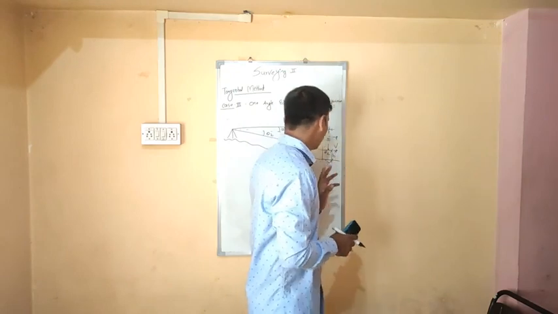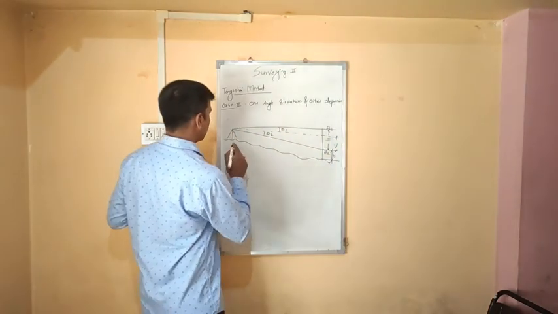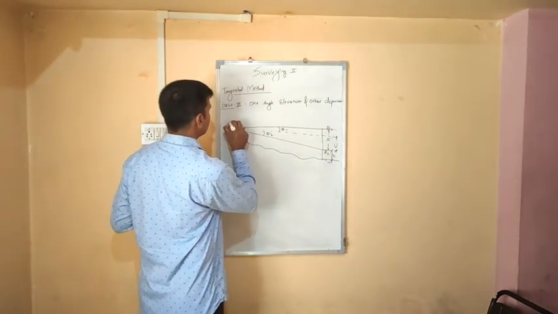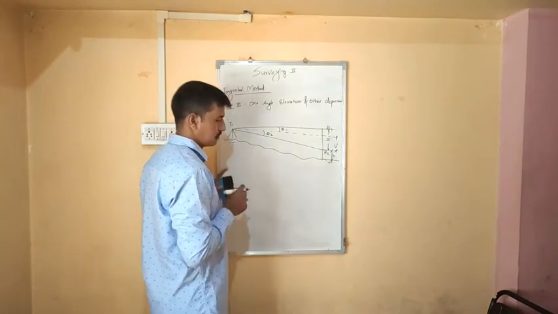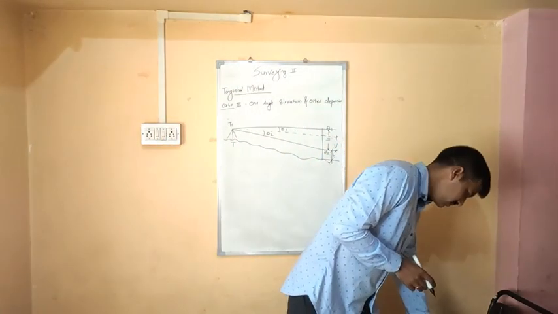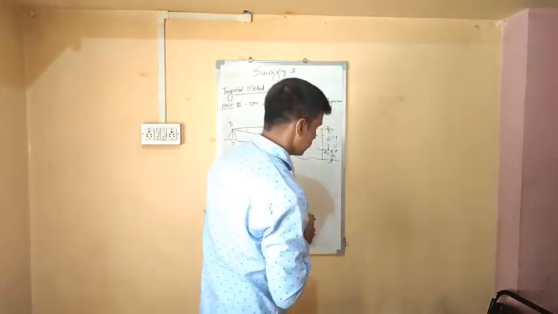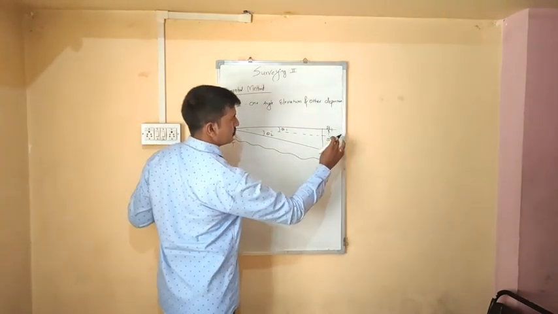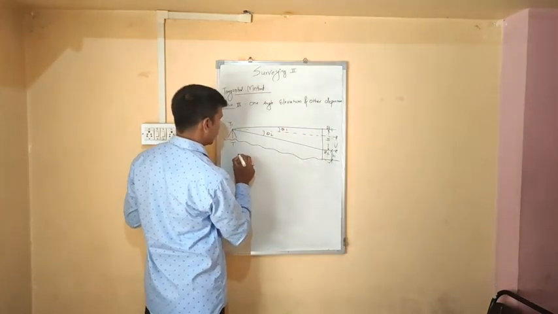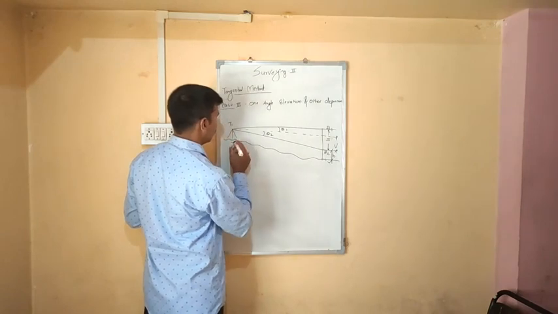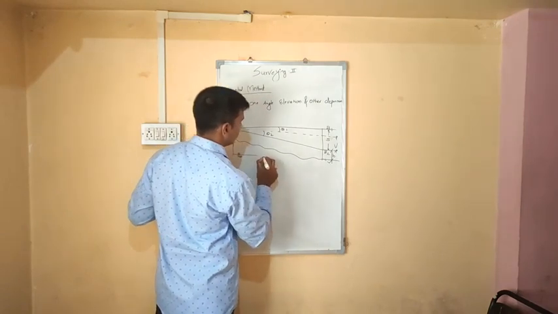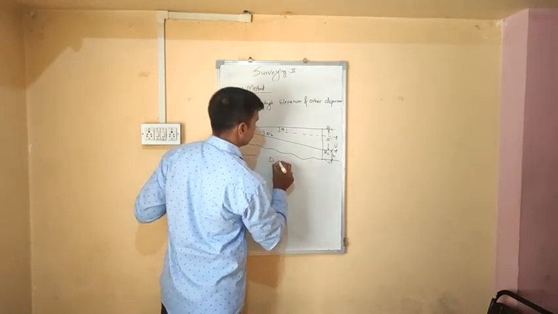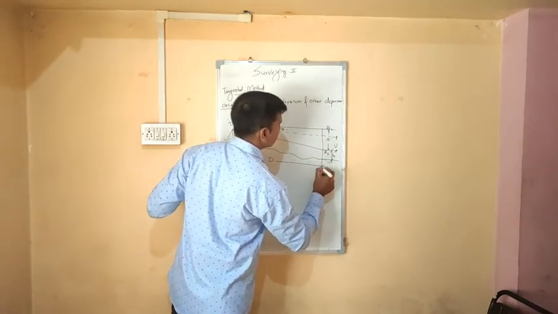Now here we have shown this as T, this is T1. Now, sorry, this horizontal distance is D.